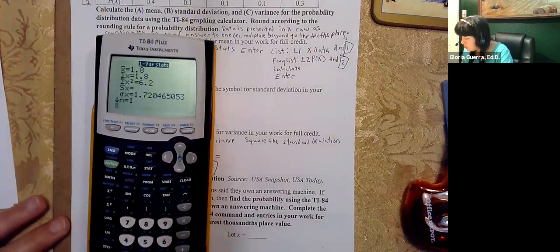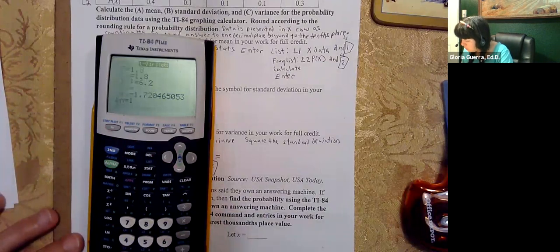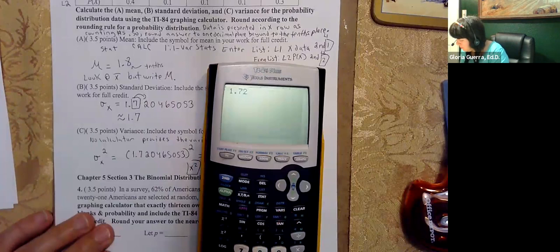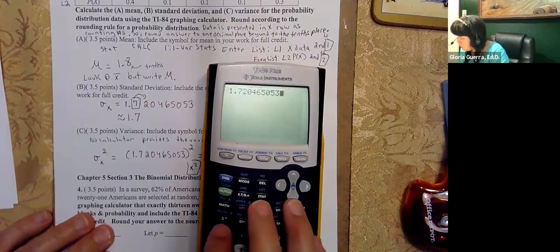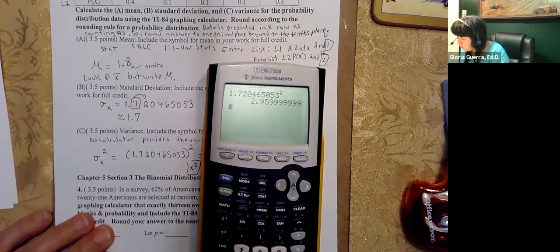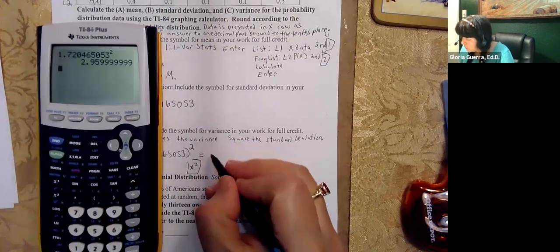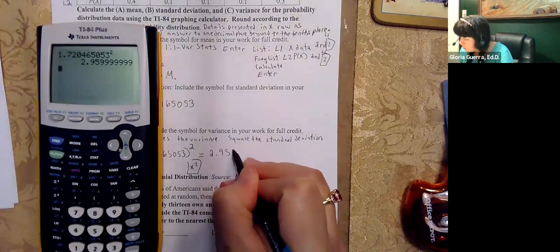But sometimes you can just type, like I'm going to type 1.72 and the other just disappears. And then you square that. And this is a long number.